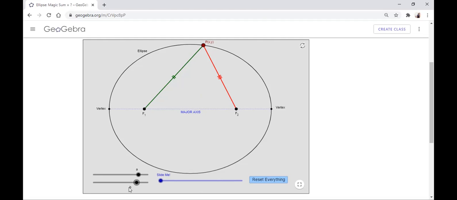In the concept we will study, this distance between the two vertices we denote as 2a. So PF1 plus PF2 equals a constant, which is equal to 2a. Second thing we have observed is that the circle is a special case of the ellipse.